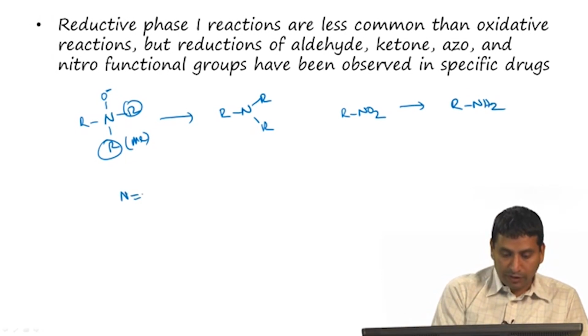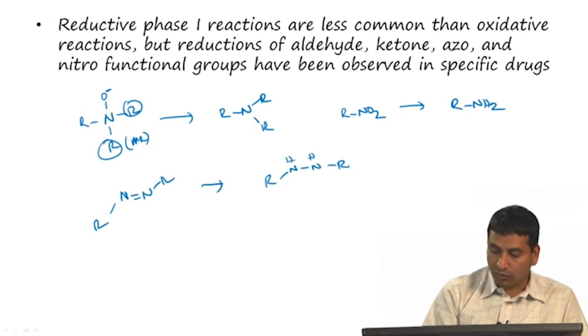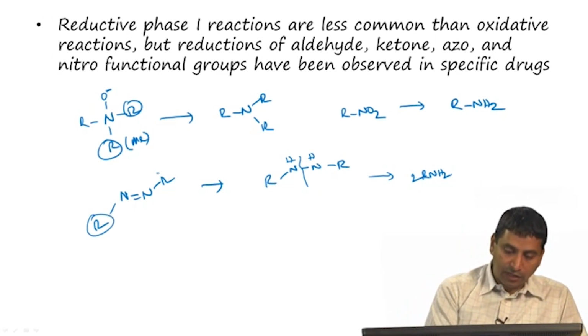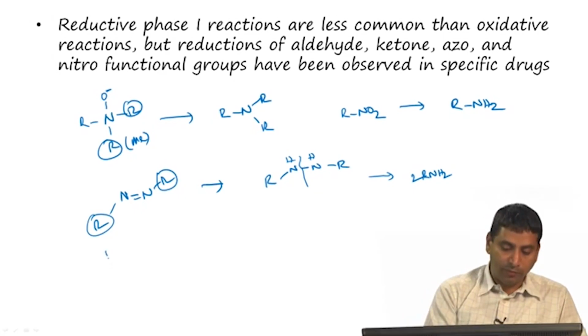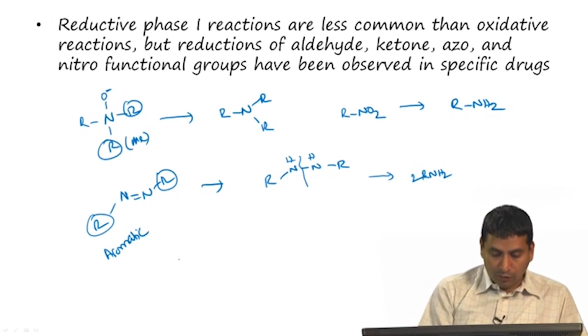You can also have azo compounds such as these, giving you R N N H R. So, all these are reduction reactions, and this can further undergo reduction to give you 2 moles of RNH2. Okay. And these R groups can actually be aromatic rings as well, and those are going to give you the corresponding aromatic amines.